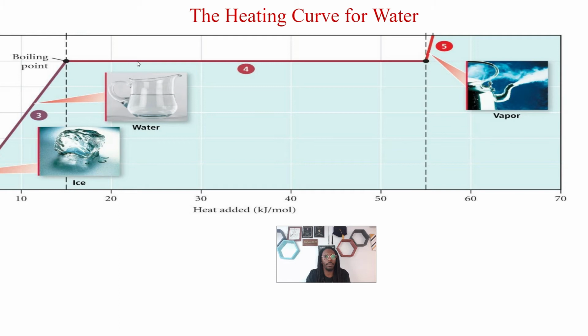Over time, that liquid, look at it, is getting energy. We're just giving, and it requires a lot of energy as we're noticing. Very different from this one, the ice. So we need a lot of energy to turn this liquid into a gas. And this is what we're seeing here. That's why it's taking a long time.